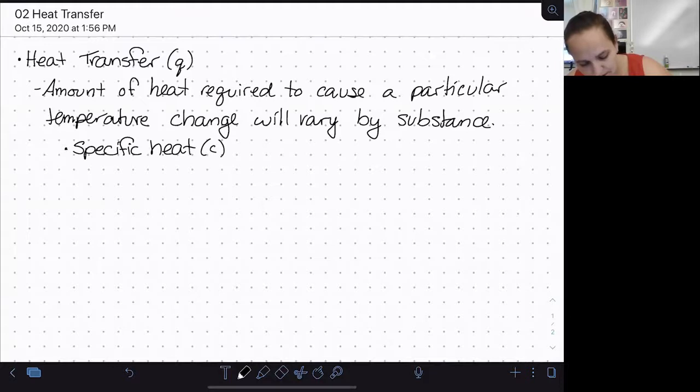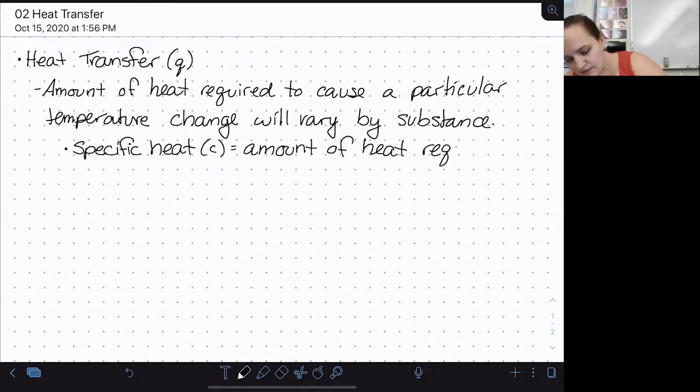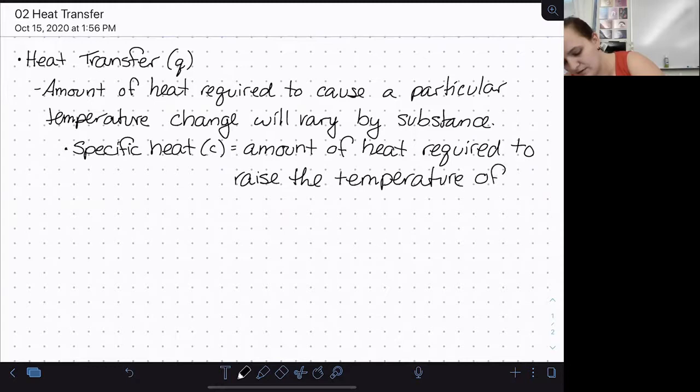This is symbolized by the lowercase letter c, and this is the amount of energy or amount of heat required to raise the temperature of 1 gram of a substance by 1 degree Celsius or 1 Kelvin.